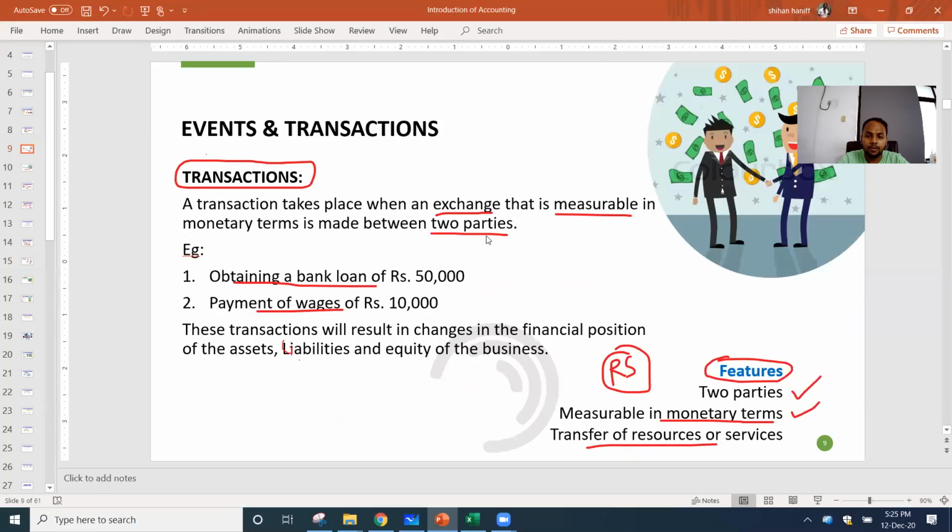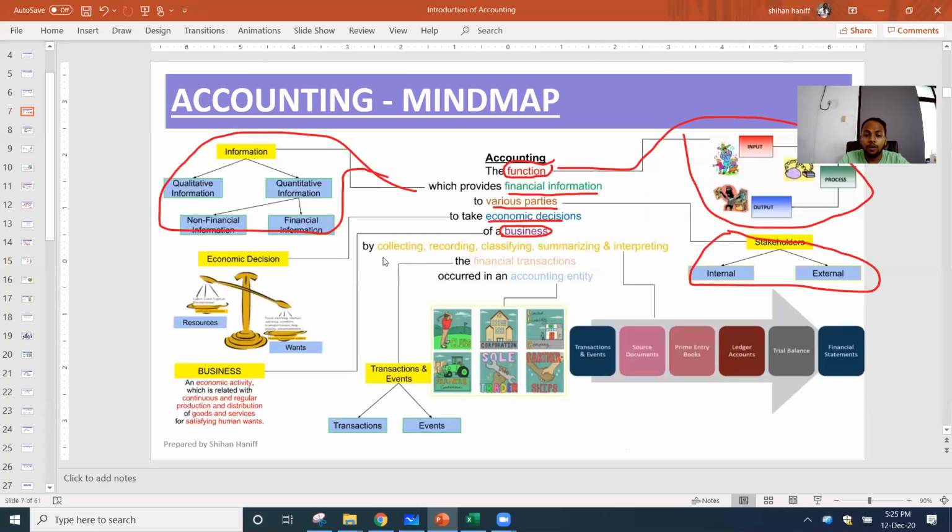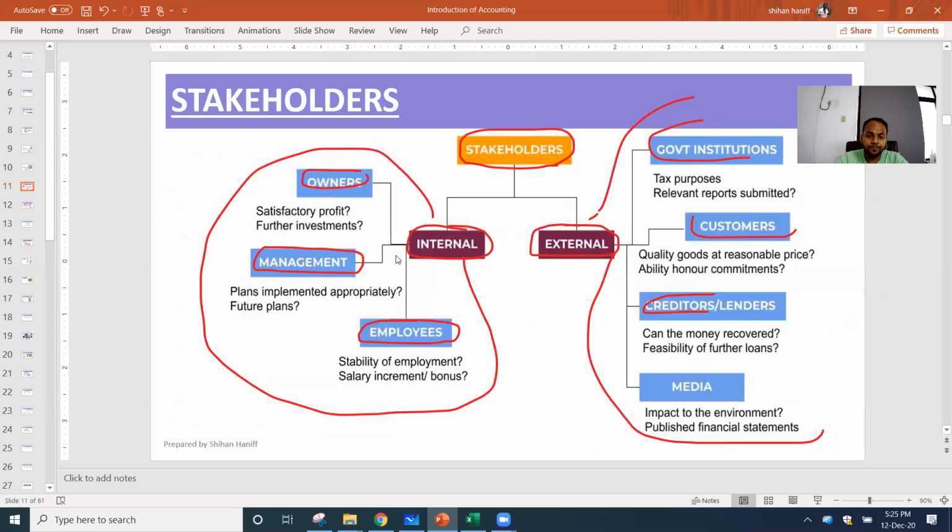Now we are moving to the most important part. This is our process. This is your complete grade 12 syllabus, the accounting process.